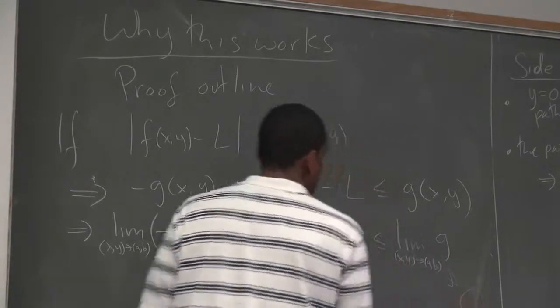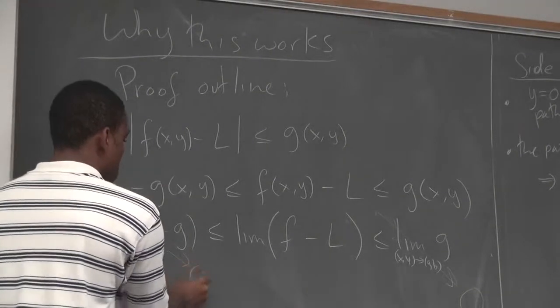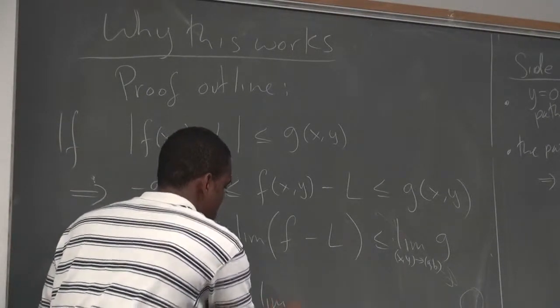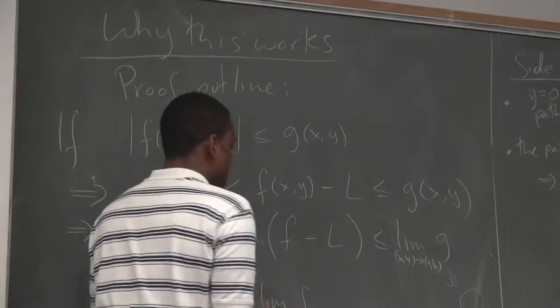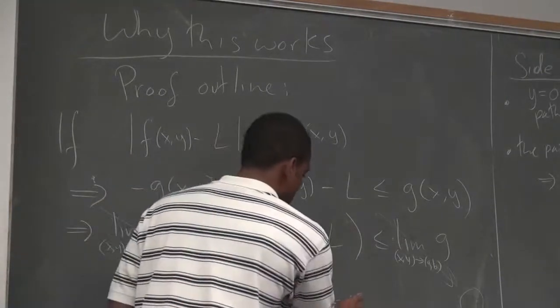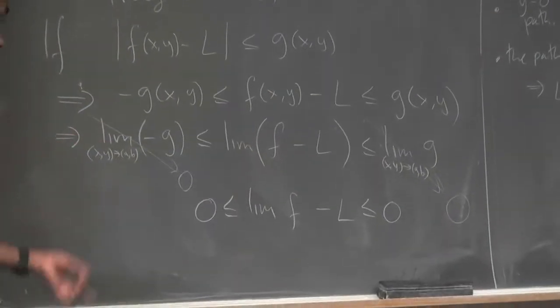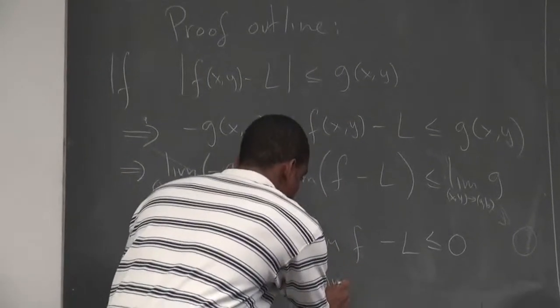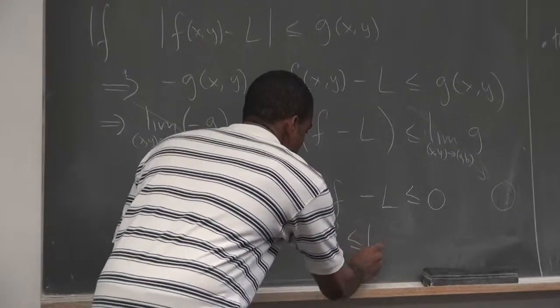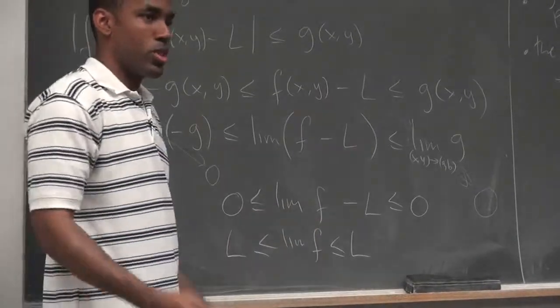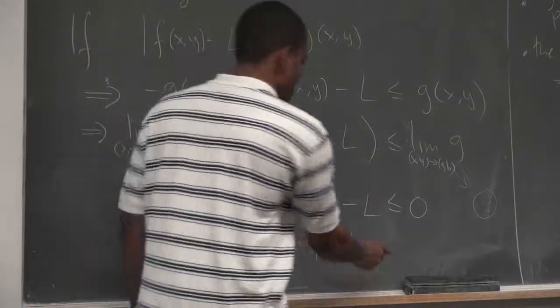So this would be 0. This would be 0, right? So we'd have 0 between the limit of f minus L. Now, of course, the limit of L is just L itself. So then I would have the limit of f is between L and L by adding L to both sides. But then the squeeze theorem says if you're squeezed between the same number, you have to literally be that number.